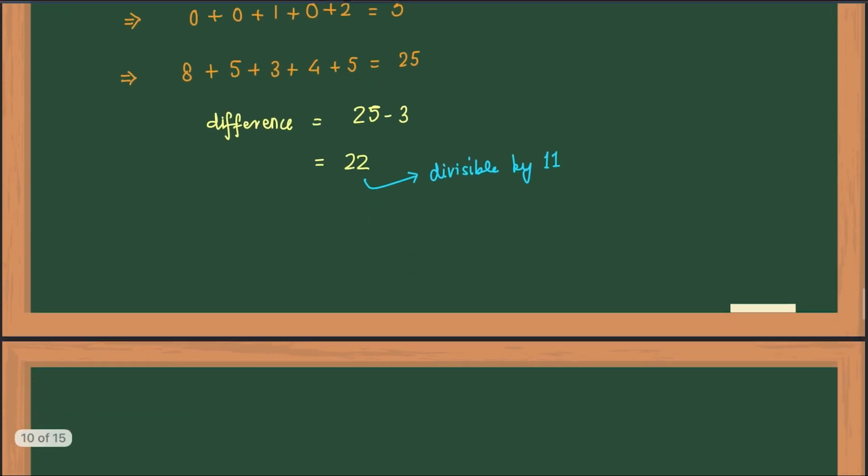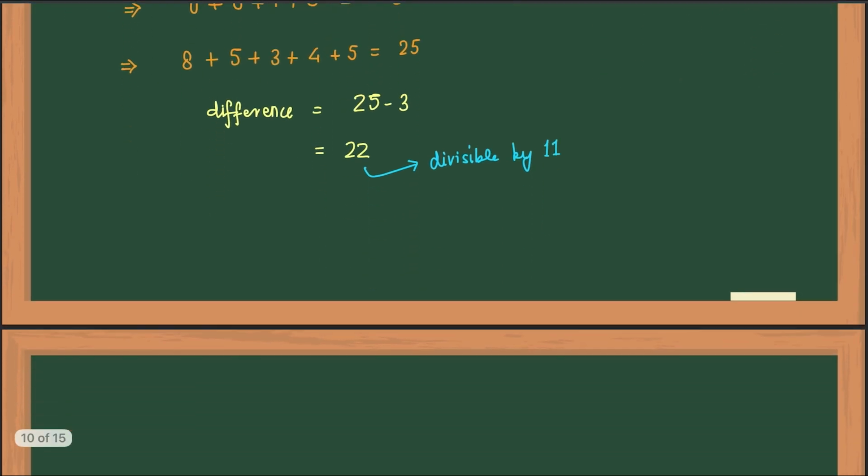Let us consider another example. Suppose I am taking 4, 3, 3, 2, 5, 7. What I have said? That the rightmost digit will always be odd. So odd, even, odd, even, odd, even. Do the same thing.